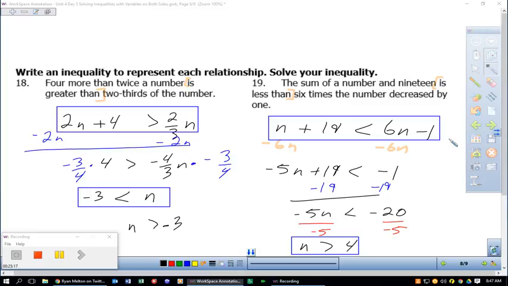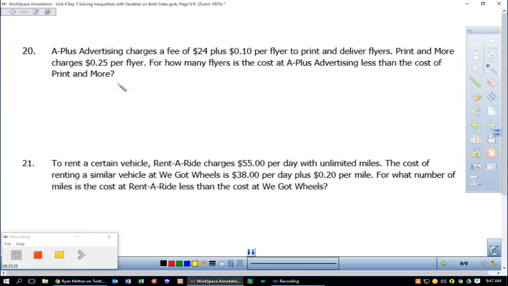All right, two more. You ready to go? Okay. A+ Advertising charges a fee of $24 plus 10 cents per flyer to print and deliver flyers. Print and More charges 25 cents per flyer. For how many flyers is the cost of A+ Advertising less than the cost of Print and More?